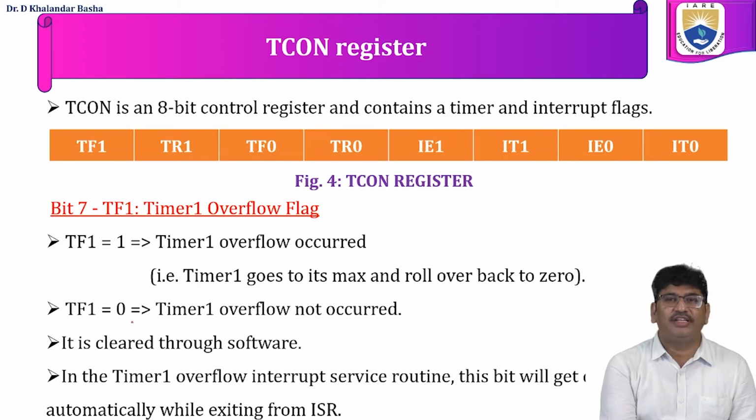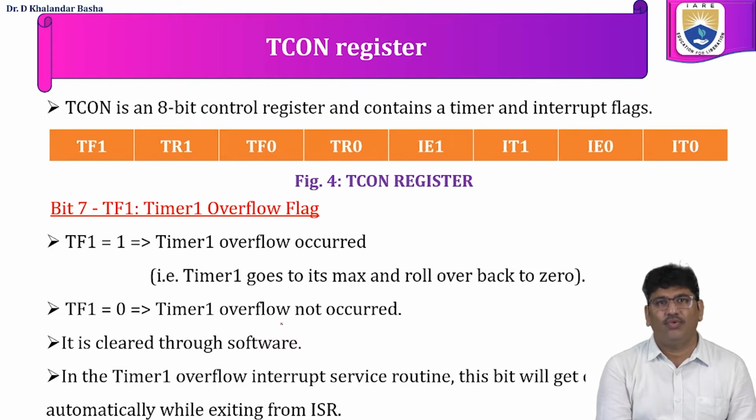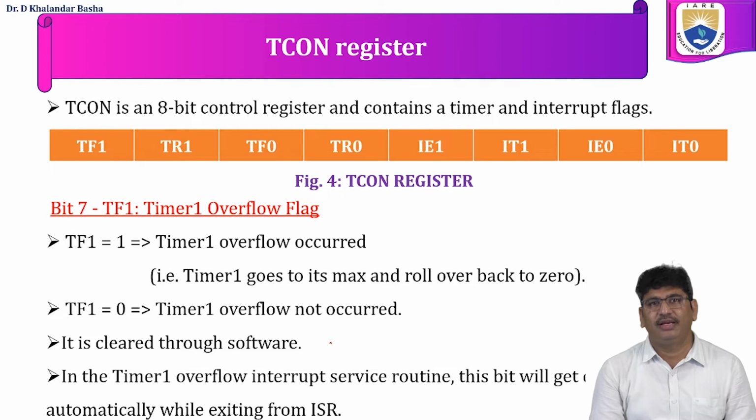If TF1 is equal to 0, it indicates the timer 1 overflow has not occurred, so some more counting will still take place. It is cleared through programming. In the timer 1 overflow interrupt service routine, this bit gets cleared automatically while exiting from the ISR.